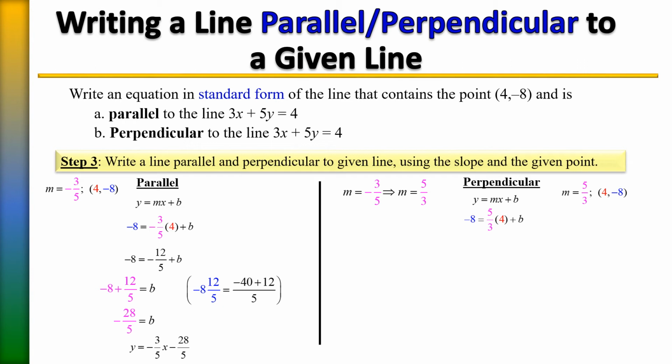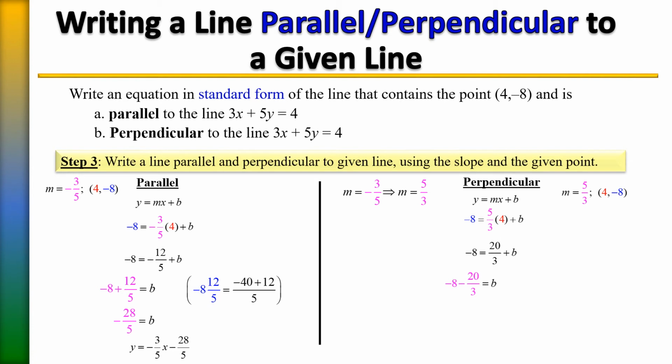So now I need to multiply the fraction of 5/3 and the whole number of 4. You can write 4 as a fraction by writing it as 4/1. In that case, what you'll have is 20/3 on the right side there. Last step to solving for b is to subtract 20/3.